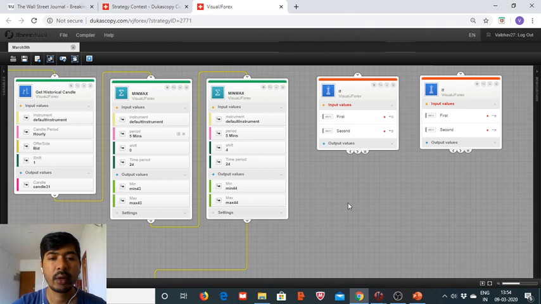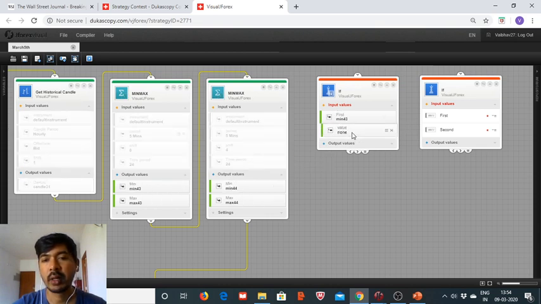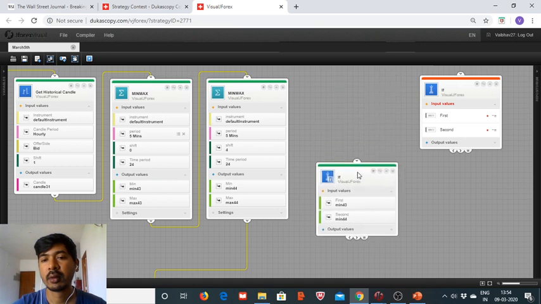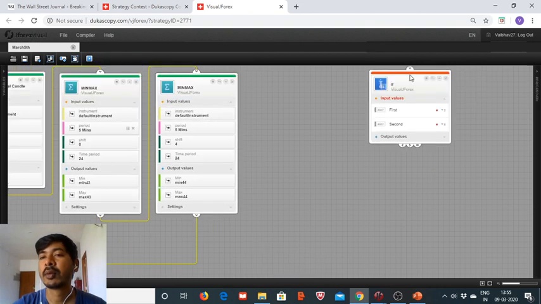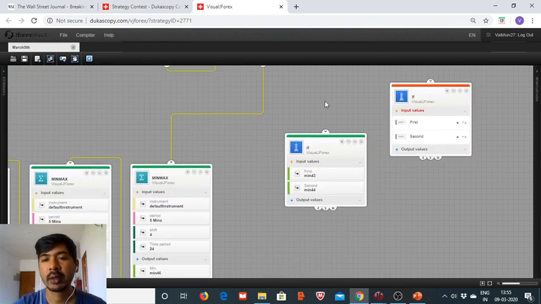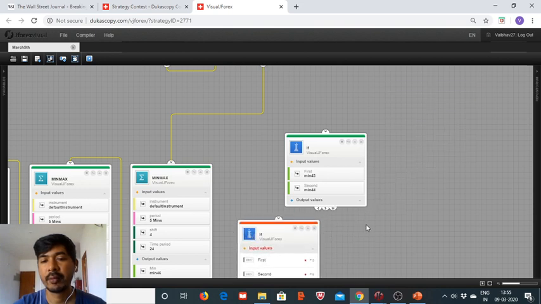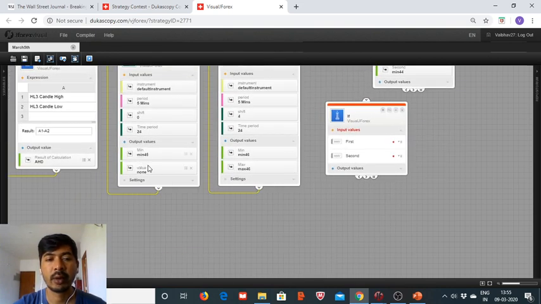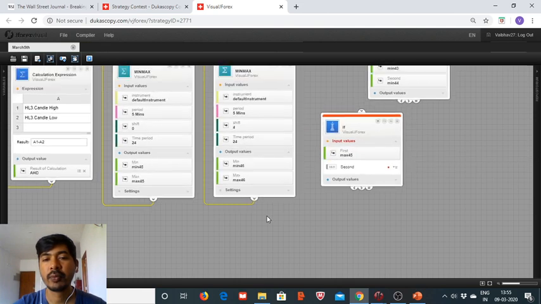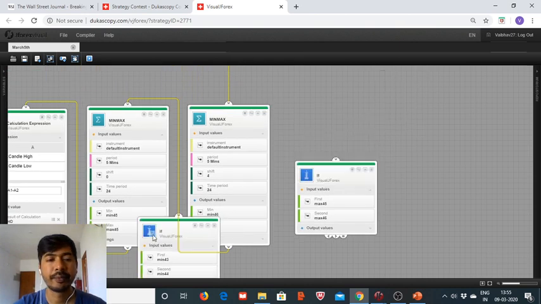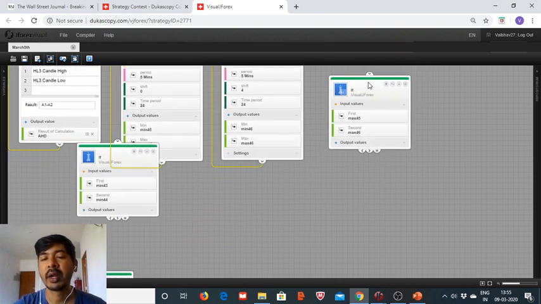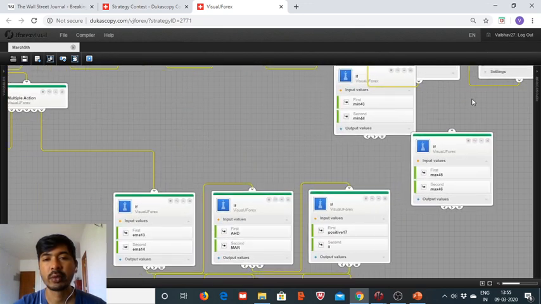So here we want the current minima to be equal to or greater than the minima 4 candles back, 20 minutes back, and we want the maxima, the current maxima, to be equal to or less than the maxima 4 candles back. So here we are adding those conditions.